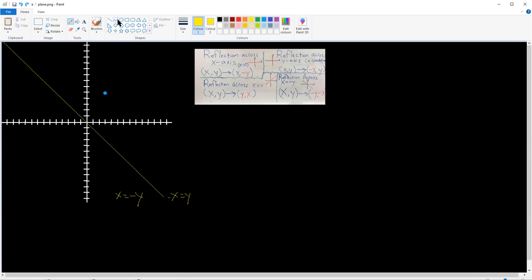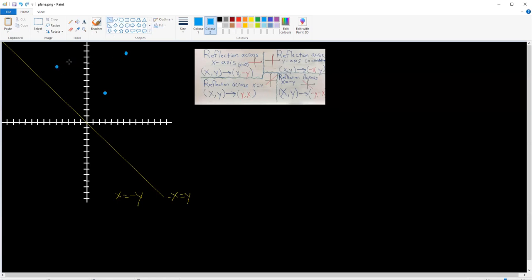So let's plot some points here and make a polygon. I'll do one right here, and then we'll do one over here. Right there. See, triangle. It's not a straight line.